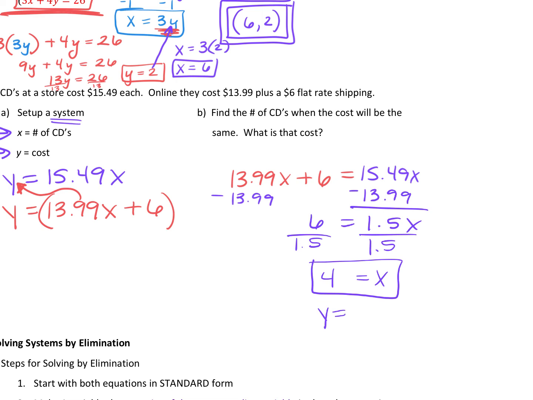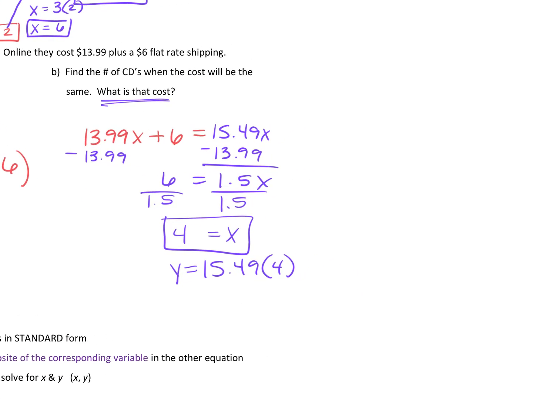What is the cost? It says find the number of CDs when the cost will be the same. What is that cost? So you're plugging that 4 in for your x. So 15.49 times 4 is equal to $61.96. Tell me what that means.